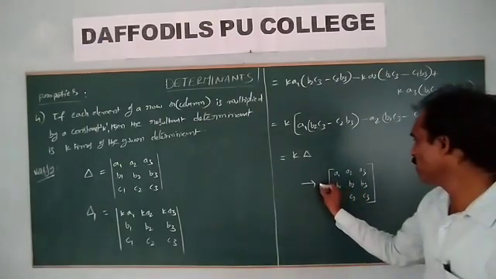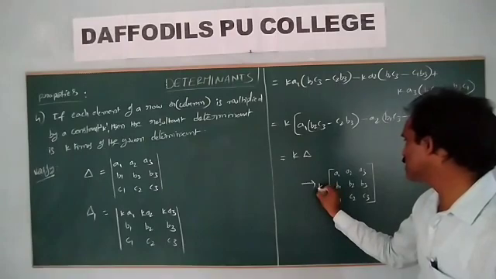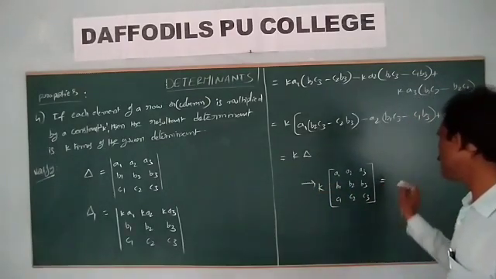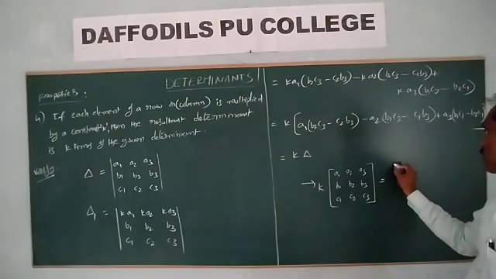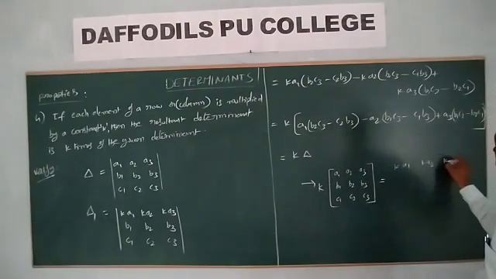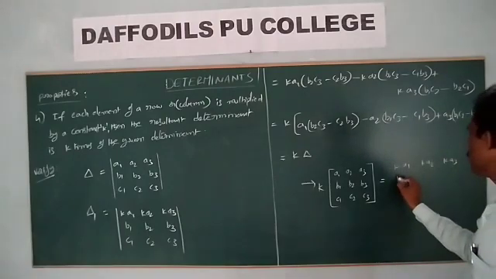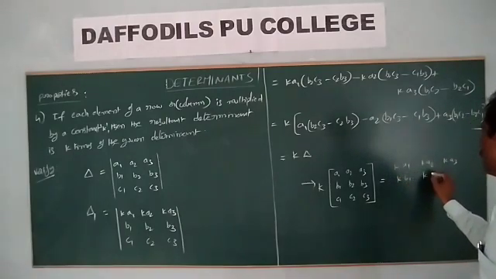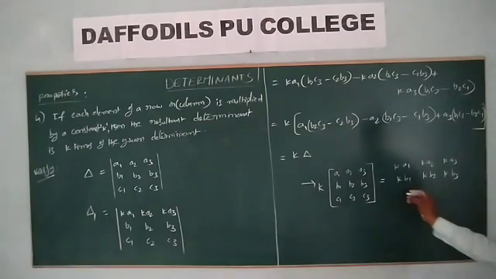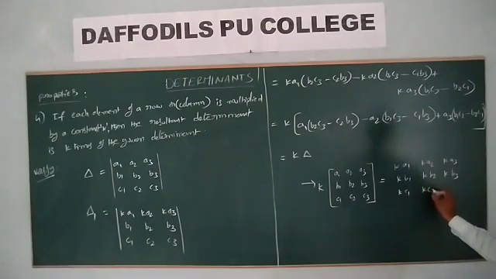You multiply it by some constant, any scalar multiple, what is the answer? K into A1, K into A2, K into A3, K into B1, K into B2, K into B3, K into C1, K into C2, K into C3.